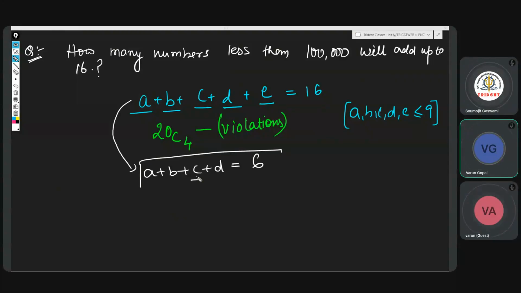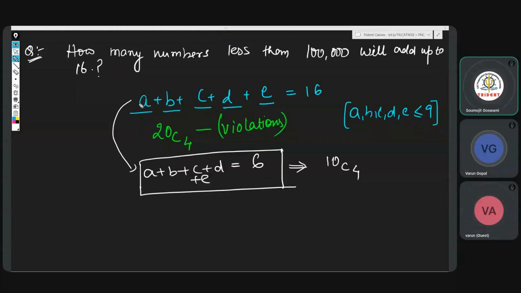There are total 5 letters, I'm extremely sorry. So this is going to be 6 plus 4, that is n plus r minus 1, so 10C4. And I had just taken one violation case. There will be total 5 such violations.